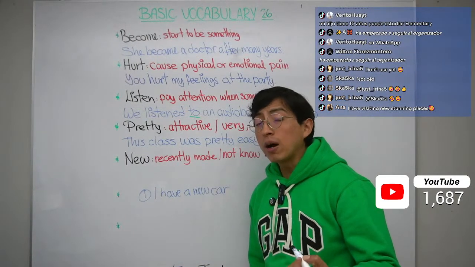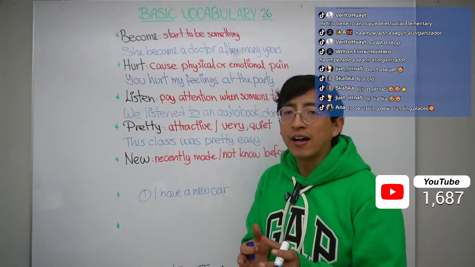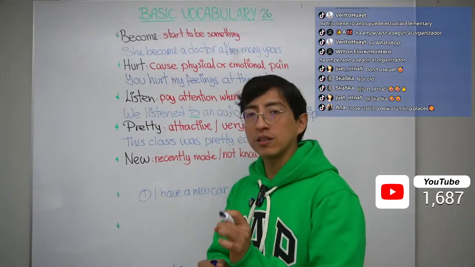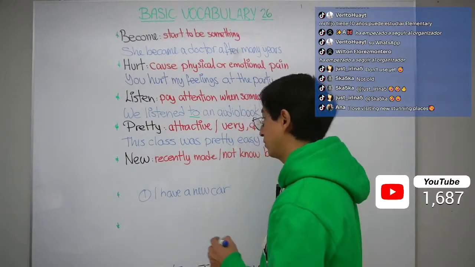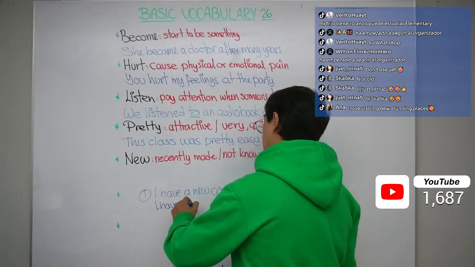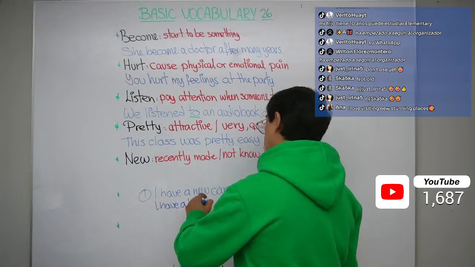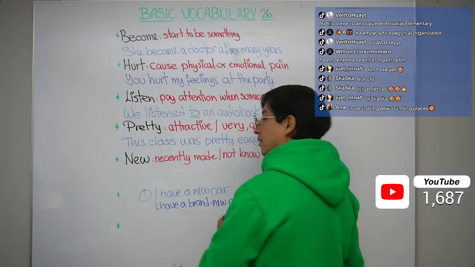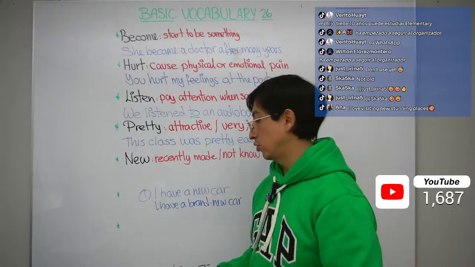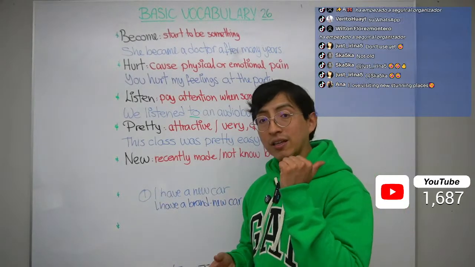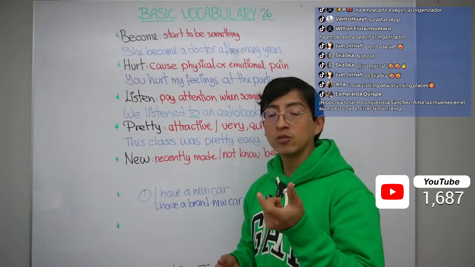And if you want to specify that this car is new, there is another word that you can add here. For example, I have a brand new car. Now, if you say brand new car, it indicates that maybe yesterday I went to this place.